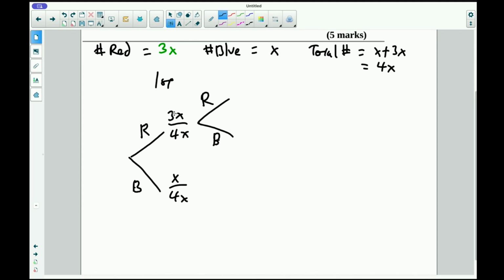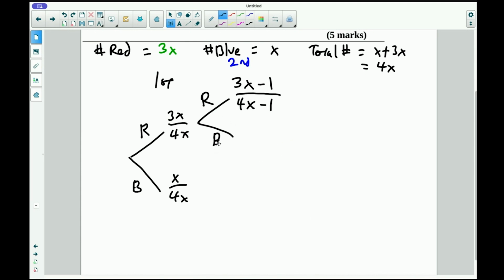So we no longer have 3x counters. We have 3x minus 1. So now this is the second stage. We have 3x minus 1 red counters out of 4x counters, but because we took one out, it's now going to be 4x minus 1.